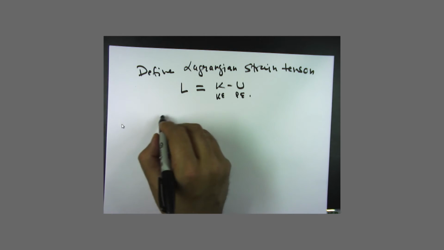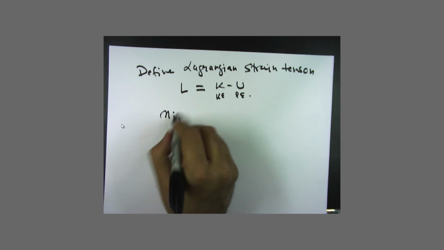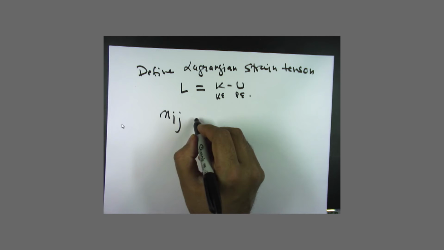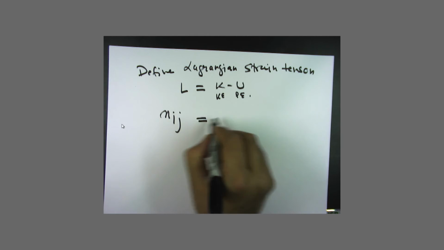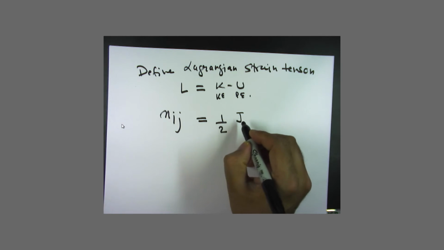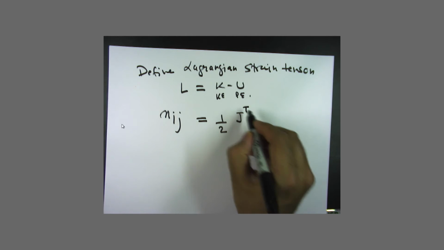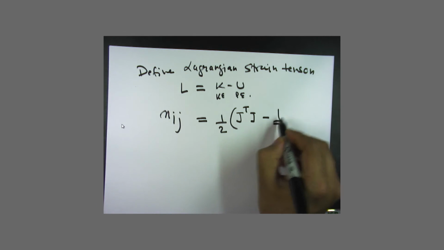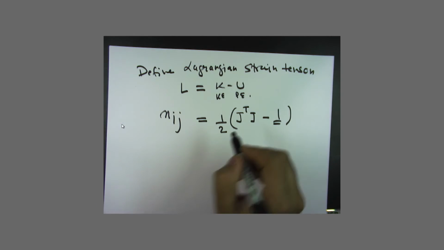So, if you look at eta i j, i j again are the strain directions, 1 1 is the principal, etc., that you already know. That becomes half of a term J, which is the deformation tensor, which is almost like elastic constants, but it is the trace multiplied by J minus 1. This is the tensor we are looking at.